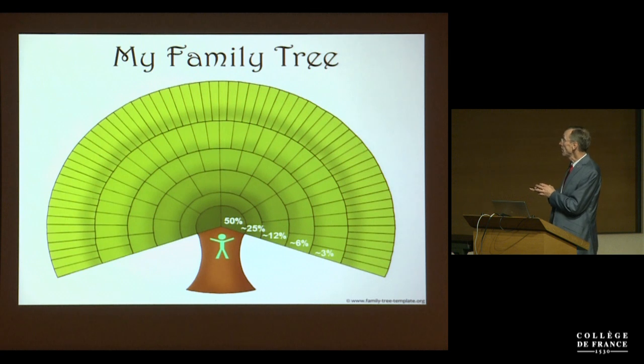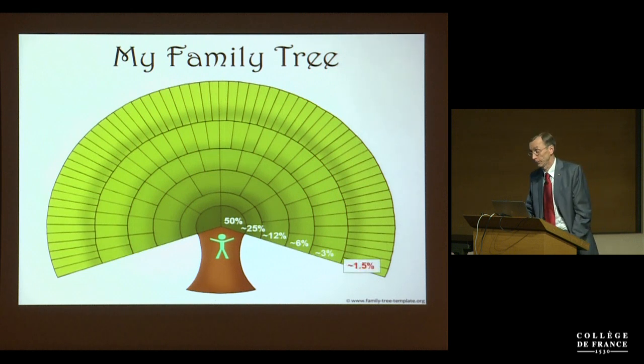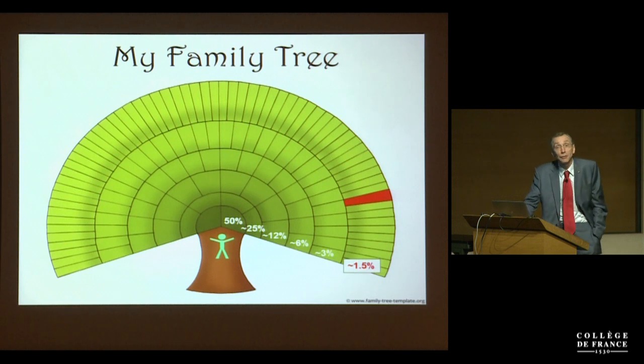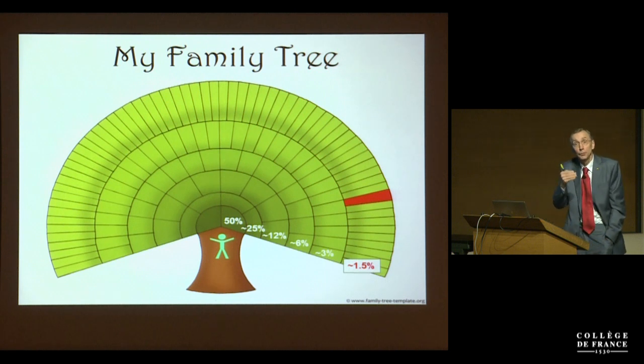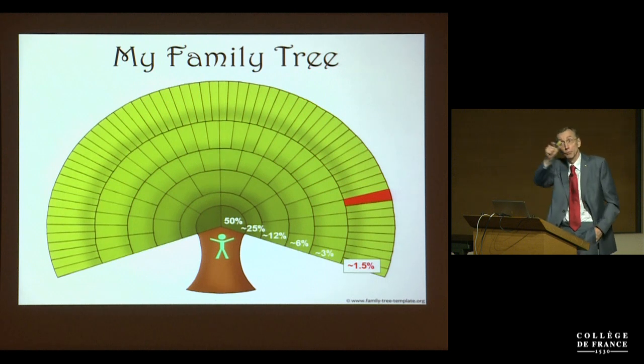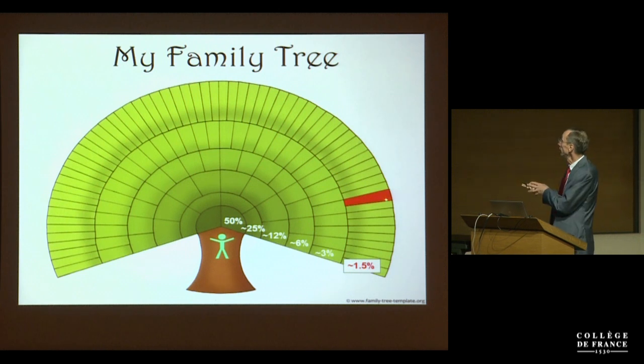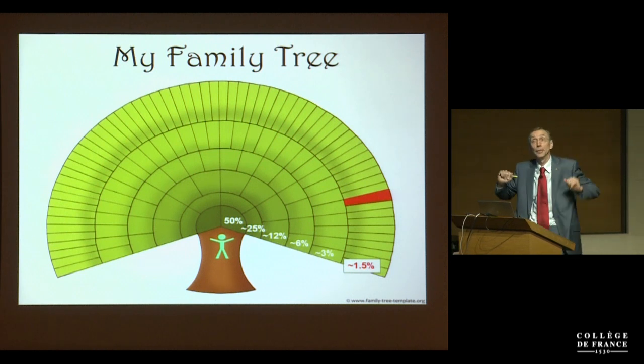The next generations back, it will be 12%, 6%, 3%, and 6 generations back, it will be on average 1.5%. So it is as if you would have a Neanderthal ancestor 6 generations back, but it is distributed differently in the genome. This is in small pieces everywhere. If it was an ancestor here, it would be in big pieces.